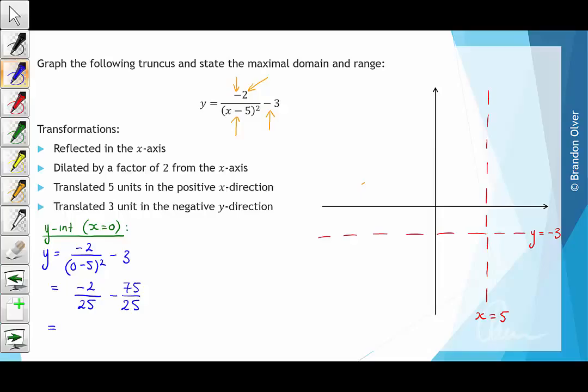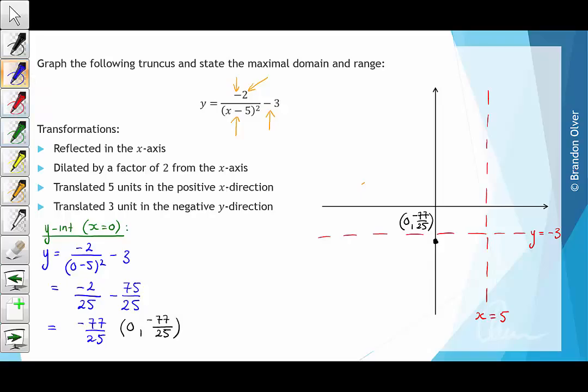So we have that y is equal to minus 77 on 25, which gives a y-intercept at (0, -77/25). And that's going to be this point just here. So that is (0, -77/25).